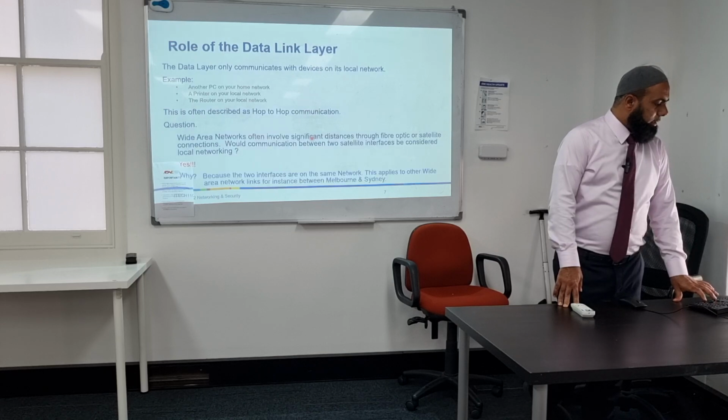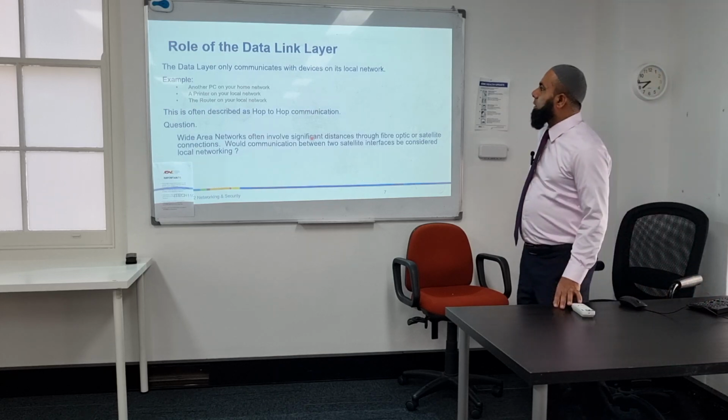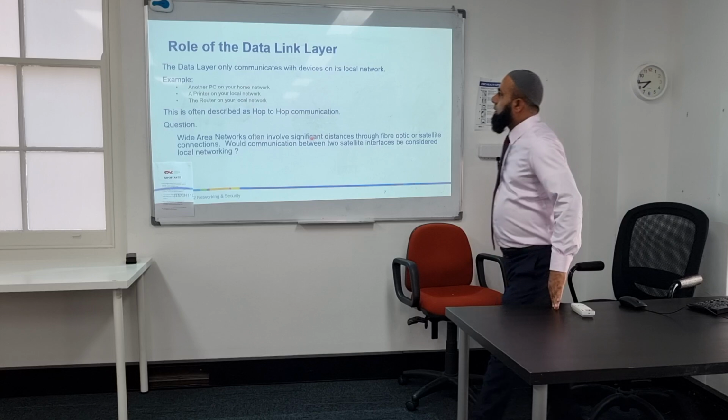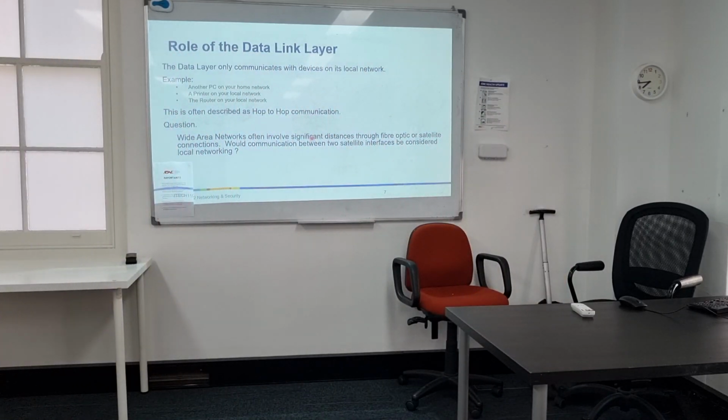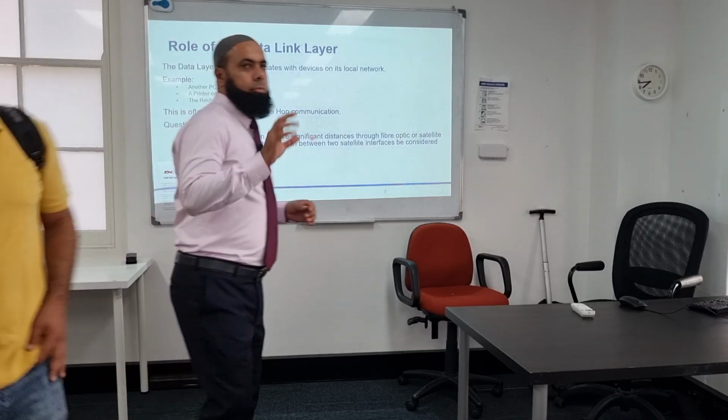So first of all, starting with the role of the data link layer. Remember that the data link layer actually works in a certain way. Let me give you an example. Let's say you are going to Melbourne from Sydney.